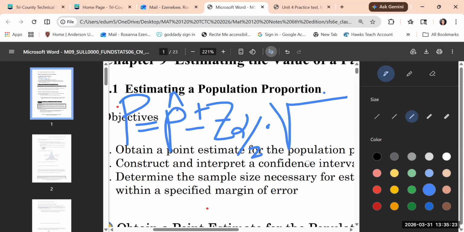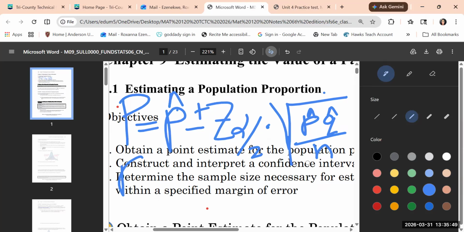The standard error for proportion is the square root of p hat times q hat over the sample size. So this is actually the formula. If I'm told to calculate it with the formula, then I must plug in everything I know here.